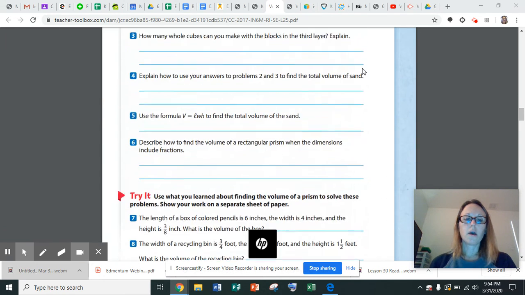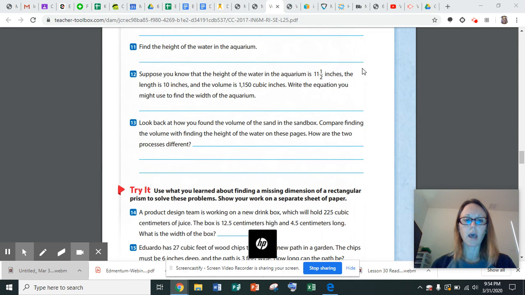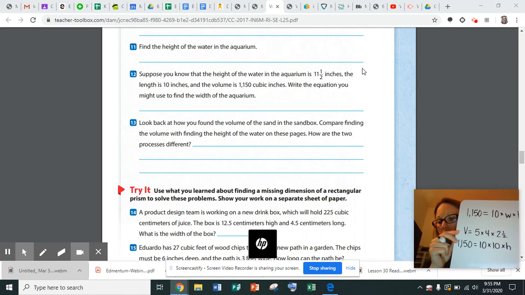Then when we're solving for the missing height, we knew what the volume was, and then we multiplied 10 times 10 times h. So here are your two different equations.